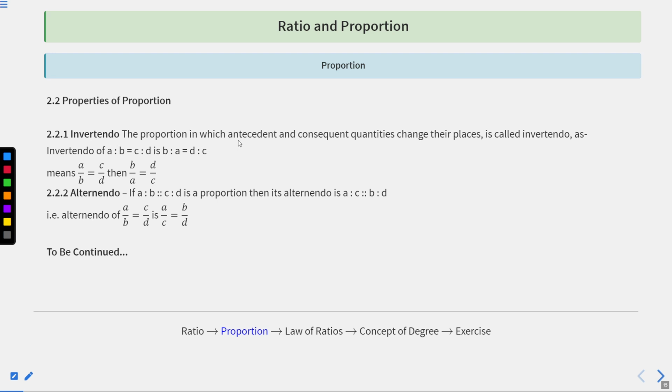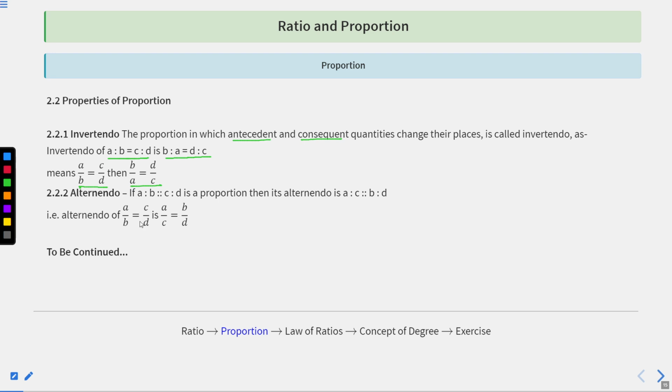The proportion in which antecedent and consequent quantities change their places is called invertendo, as invertendo of A is to B equal to C is to D is B is to A equal to D is to C. So we have just changed the places of A with B and C with D. So A upon B is equal to C upon D, then B upon A is equal to D upon C. Just positions have changed between A, B and C, D.